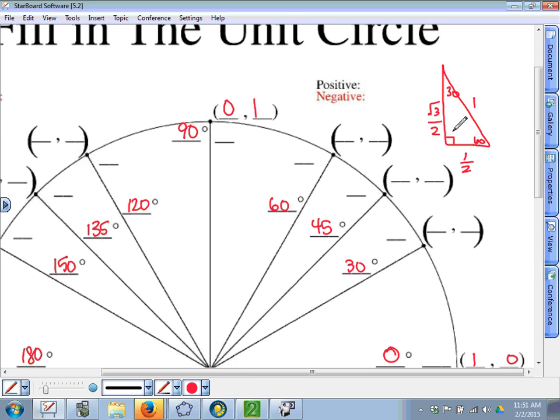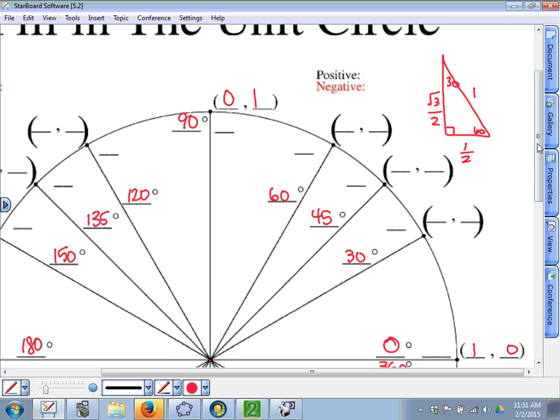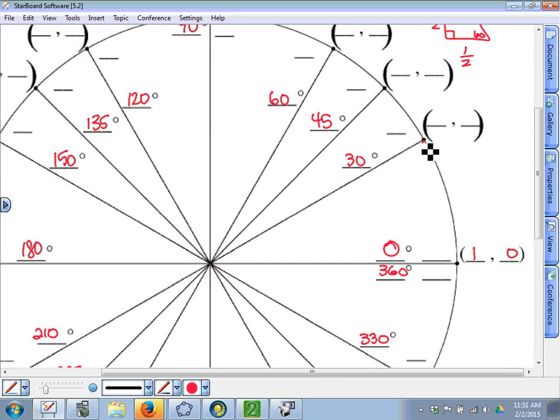Just a different size? Now the reason I did that to the hypotenuse is if I started at this point, came straight down and formed this triangle right here. What's the measure of this angle? 90. And isn't this 30 degrees? So this is 30 and this one would be, okay. What kind of circle is this?